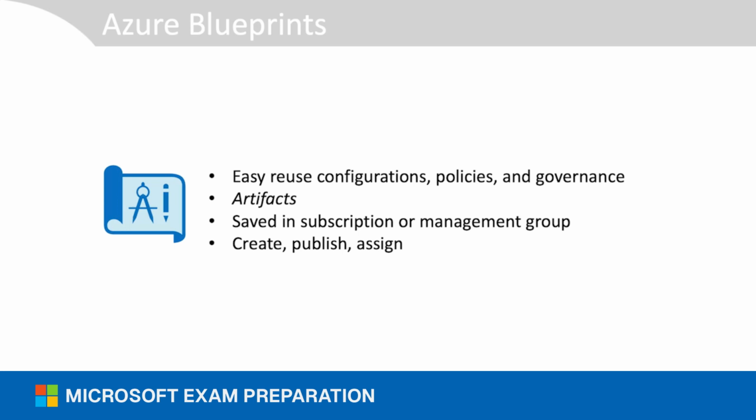However, unlike ARM templates, which are just files that define a deployment, a blueprint is an Azure resource itself, and that means that Azure can maintain a connection between the blueprint and the resources that use it. This makes it easy for you to iterate on your blueprints and improve them, and because you add a version number when you publish a blueprint, you can store them in a source control system to make them easy to track.